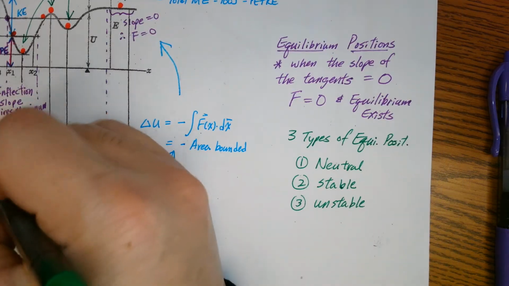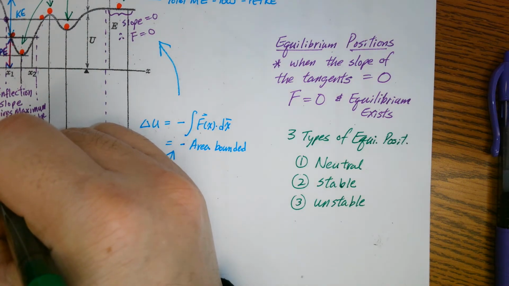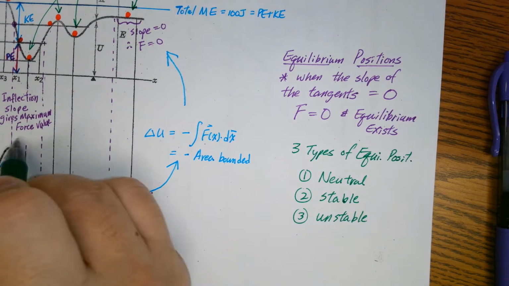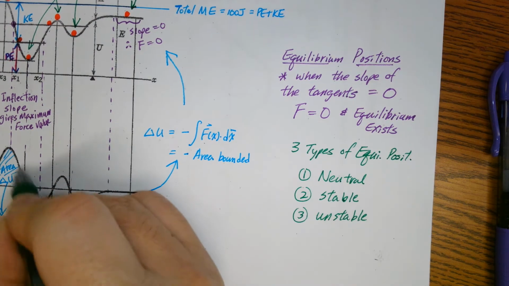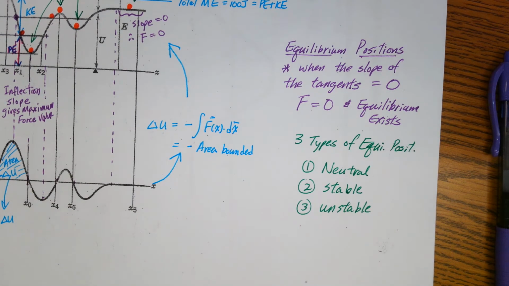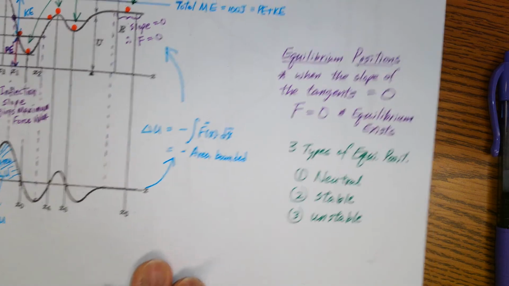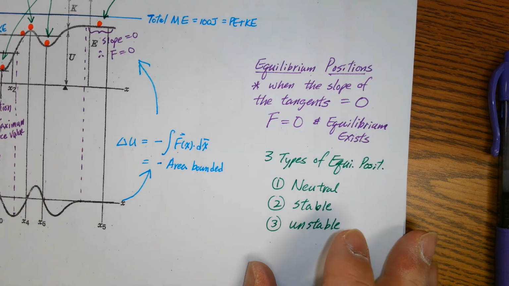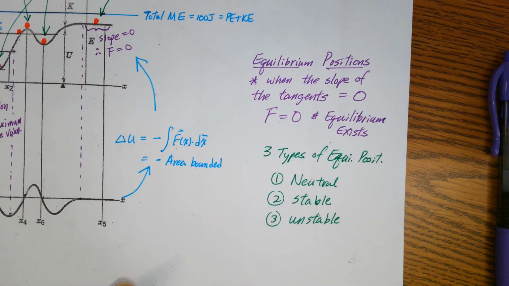So if I were to take the slope of this tangent line at this point, or the slope of the tangent at this point, and so on, that should give my negative force.